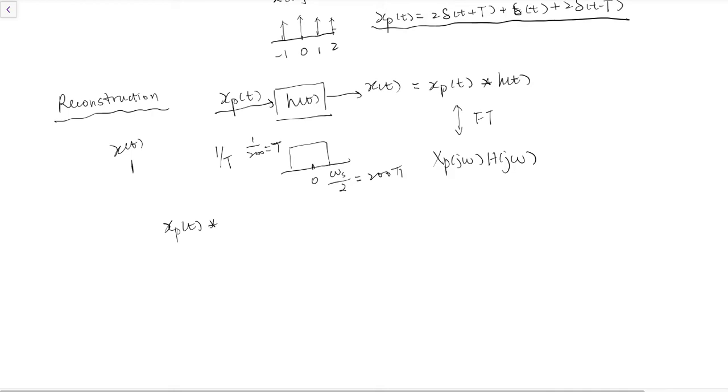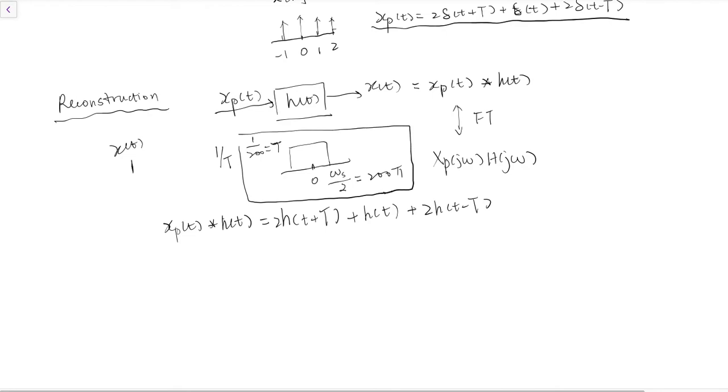Our x_p(t) and h(t) convolution here actually equals 2 times h(t plus capital T) and 2 times h(t minus capital T) because of the sifting property. Since we know what our h(t) looks like in the frequency domain, we are able to find its equation, its expression.